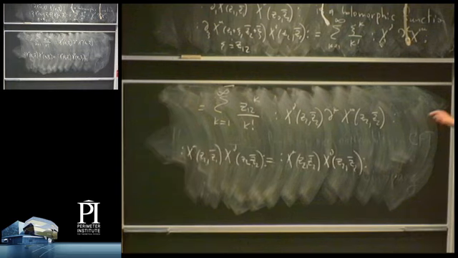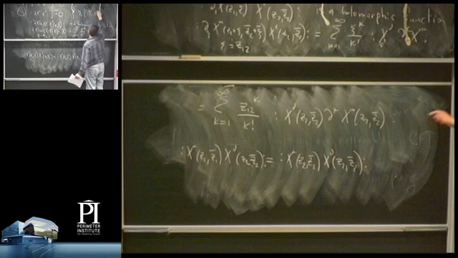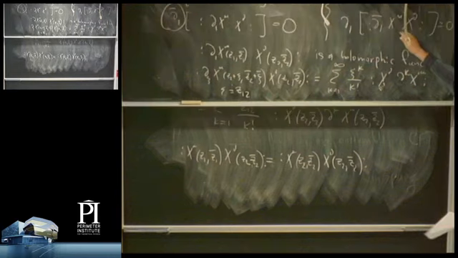We looked only at the holomorphic piece, but I can repeat everything in a similar fashion, because del bar x mu equals 0, and so this is an anti-holomorphic function.